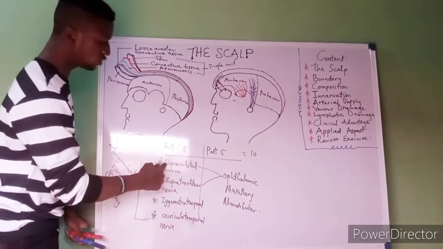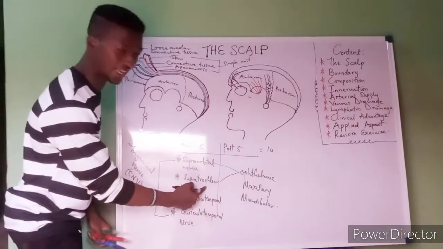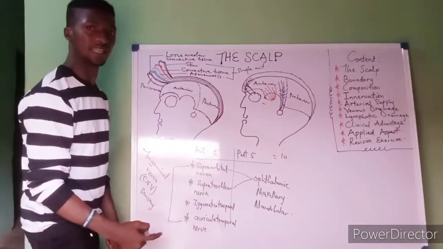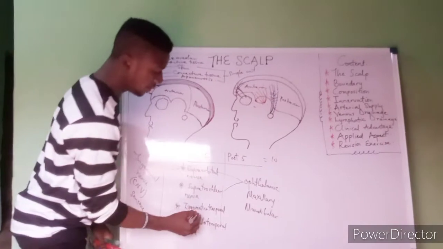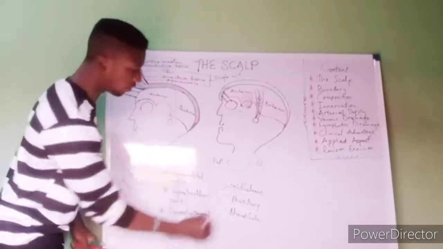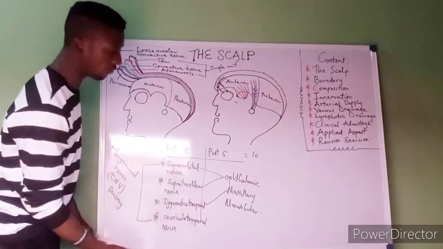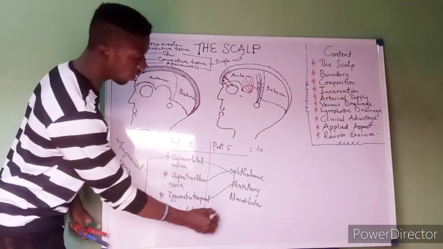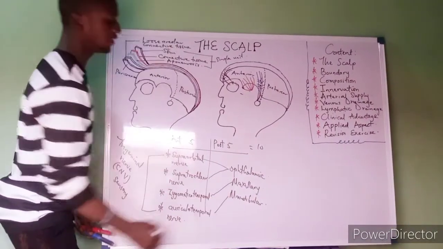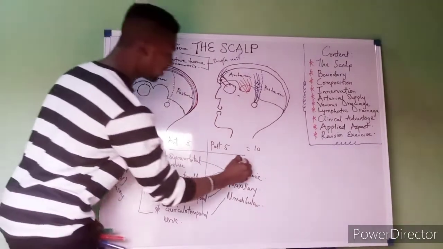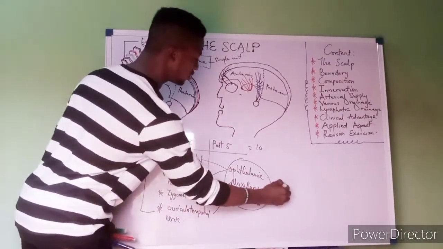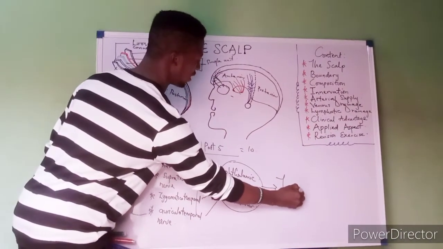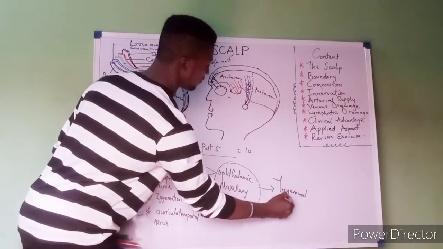So we say that the supraorbital and supratrochlear are branches of the ophthalmic nerve. The zygomaticotemporal is a branch of the maxillary nerve, while the auriculotemporal is a branch of the mandibular nerve. You can see there are three, so we call it the trigeminal nerve.